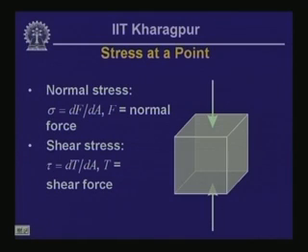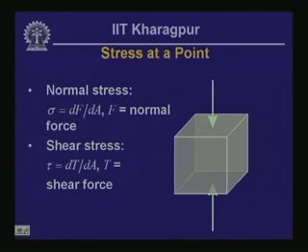If the force is parallel to one of the planes, then the relevant stress is going to be called shear stress, and for this type of stress we are going to use the symbol tau. So, then we have got two types of stresses really, one is normal stress and the other one is shear stress.